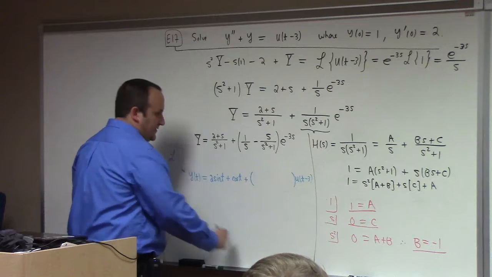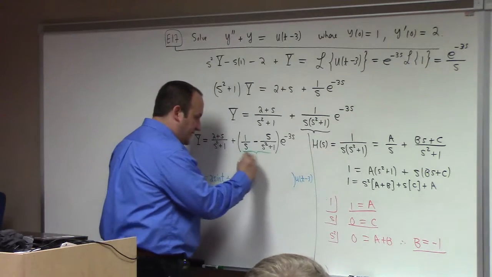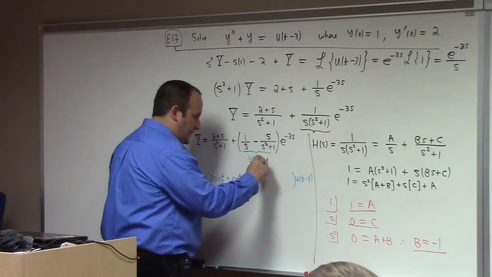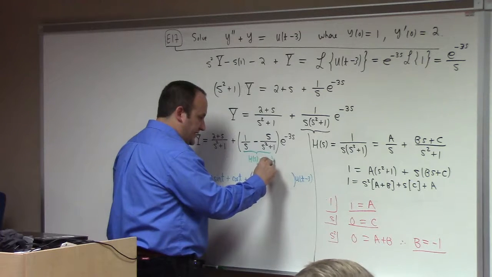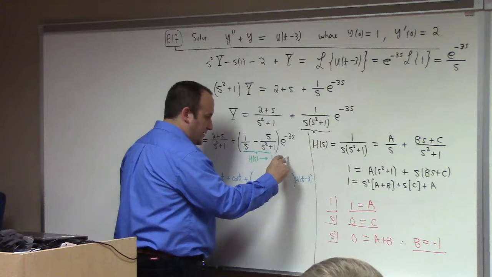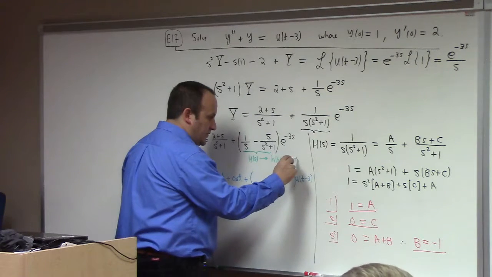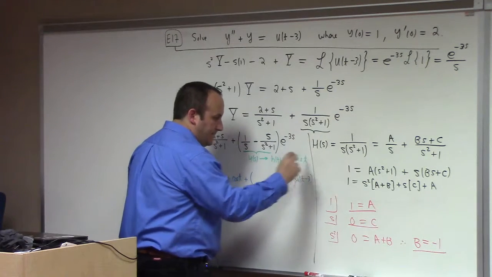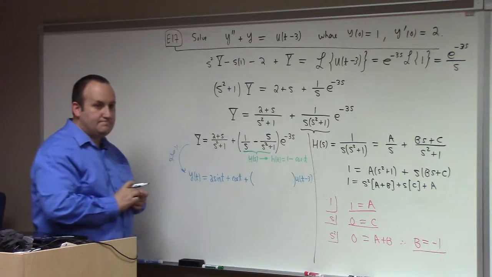So just to give you a little fine print here, if this is h of s, that tells me that little h of t is 1 minus the cosine of t, taking the inverse transform.